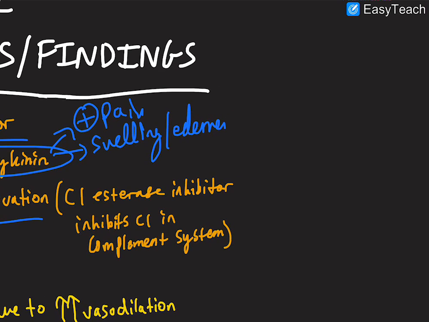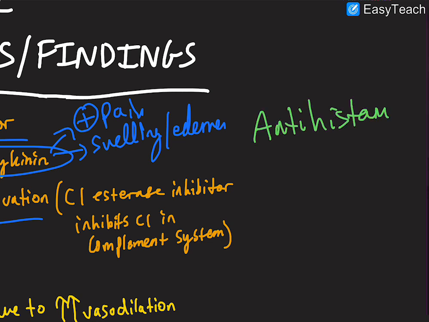So if you're getting all this edema and swelling, would you want to give antihistamines? Usually if you have angioedema and swelling due to an allergic reaction, for example, you'd see hives too, not here, but in an allergic reaction, and you would give antihistamines. So if you're seeing swelling, pain, and edema here, would you want to give antihistamines?